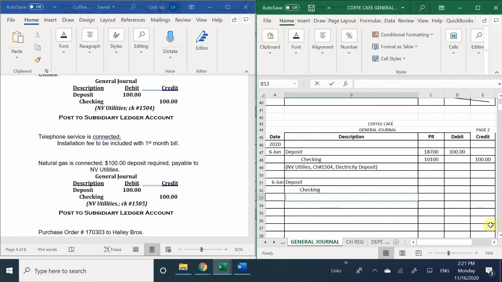Same thing is going to be entered here, except it's NV Utilities, check number 1505. But this time, instead of electricity deposit, this is going to be gas deposit.